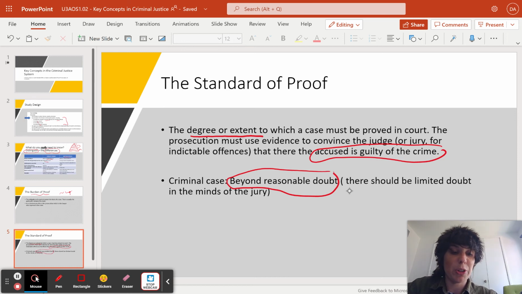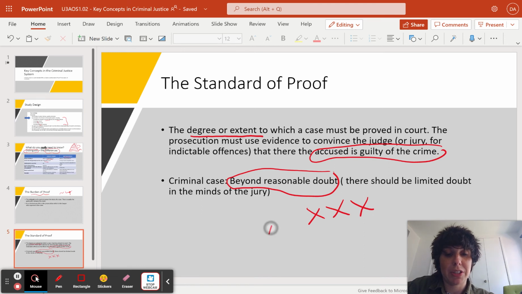So there should be almost no doubt in a jury's mind. They must be completely convinced that a person is guilty. If a jury member has any type of doubt that's fairly reasonable, then they cannot convict someone of a crime. Okay, so it's quite a high level of proof.